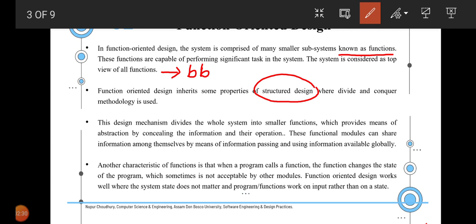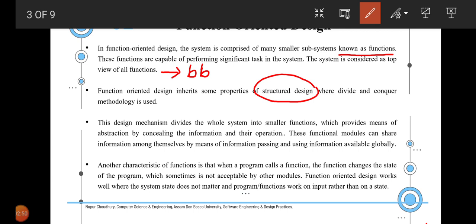So it follows the principle of divide and conquer, where the entire project is divided into functions, and then each of these functions is individually implemented in order to avoid any type of chaos and complications.